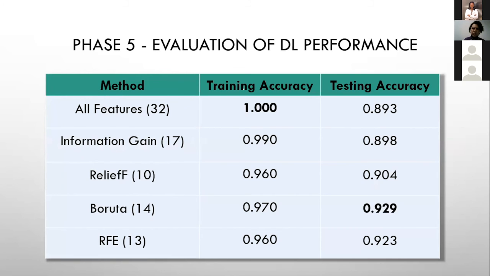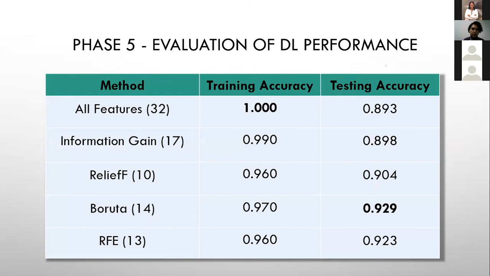For phase 4, I brought just an evaluation, because it's a 10 minute talk and I don't want to spend too much time on this. I brought just training and test accuracy. If I use all the features, like 33, with training on 80% of the data, we had 100% accuracy.